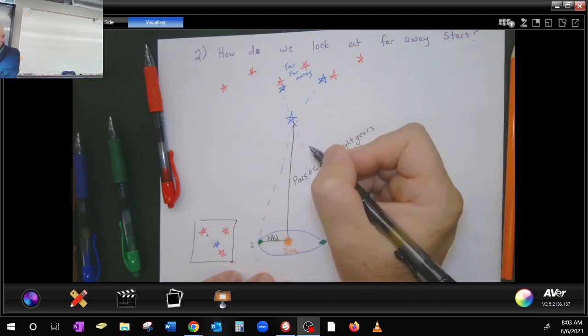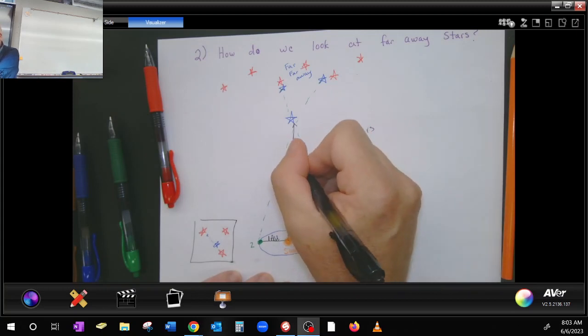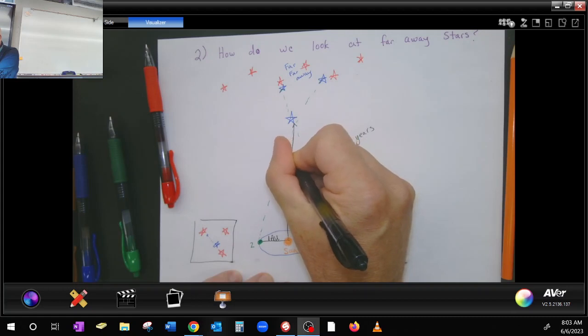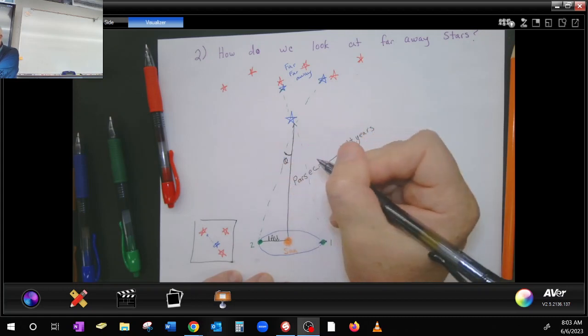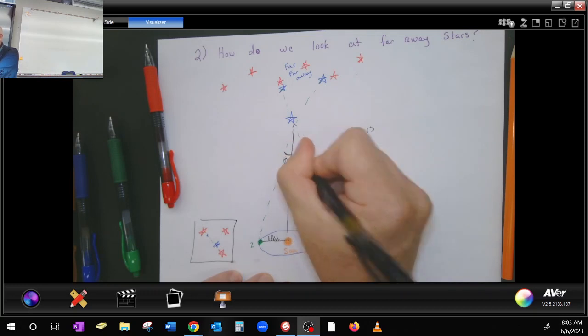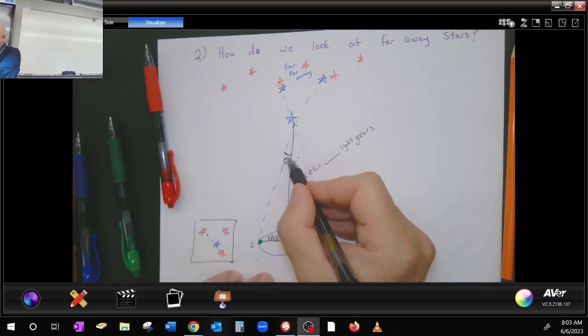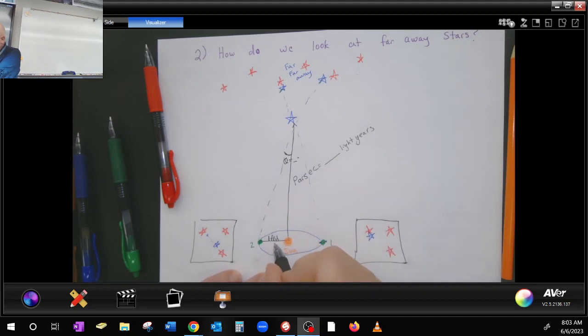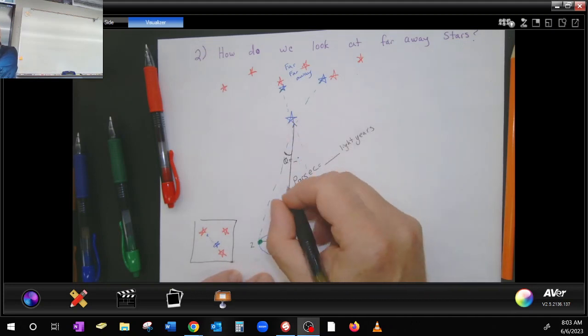So a minute ago, you were asking me about sine, cosine, and so forth. If we know this angle, then we could use the SOHCAHTOA method. For those people who remember SOHCAHTOA, there's your angle, there's your adjacent, there's your hypotenuse, and this right here would be your distance.